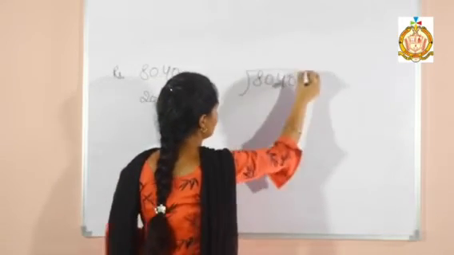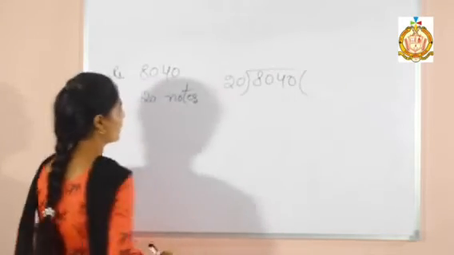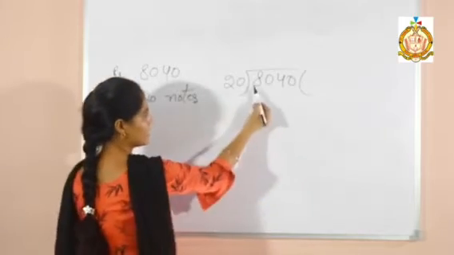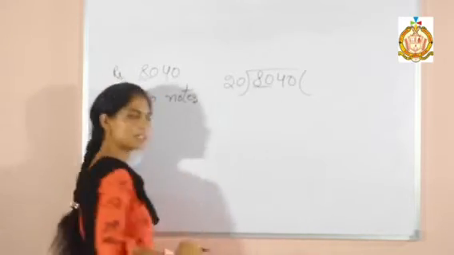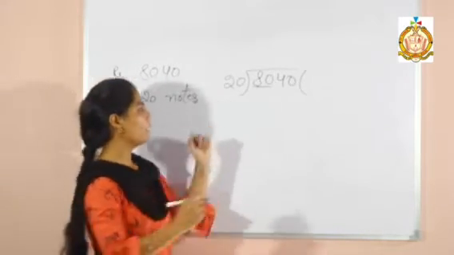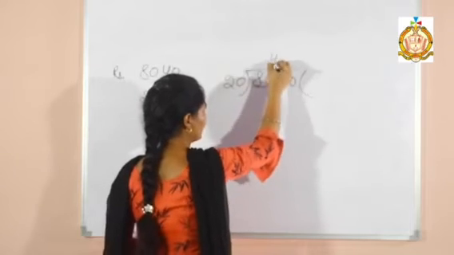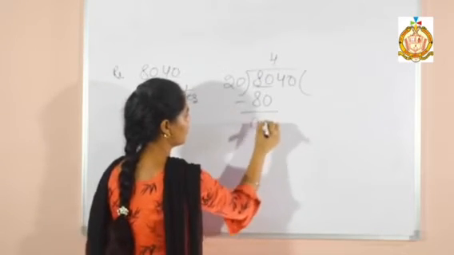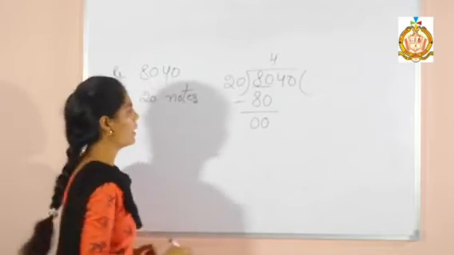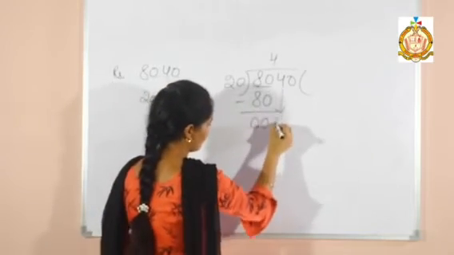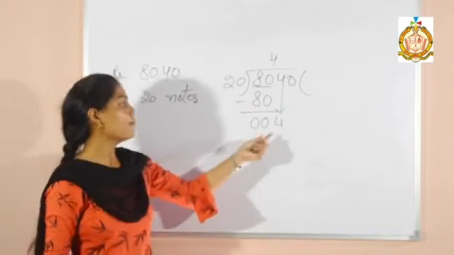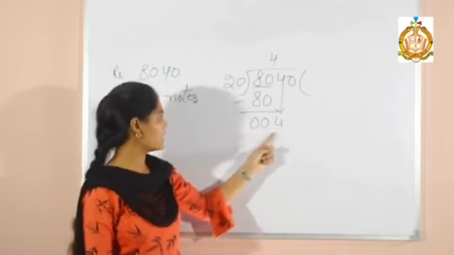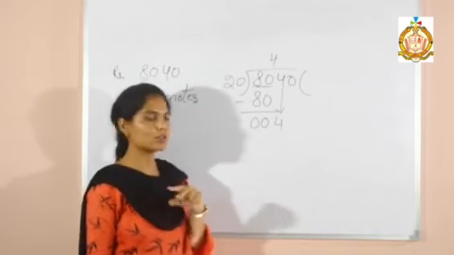8,040 by 20. Now count down the table of 20. 8 is less than 20, so we have to take two numbers, 80. 20 fours are 80. Now subtract it. It becomes 0. Now take another number, 4. Now 4 is less than 20, so we have to take two numbers.